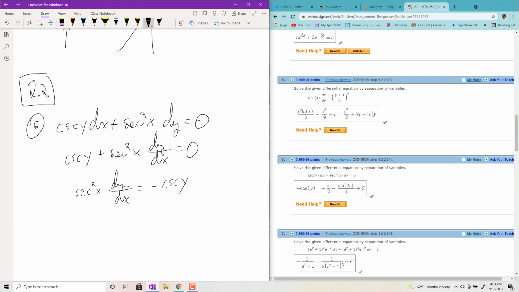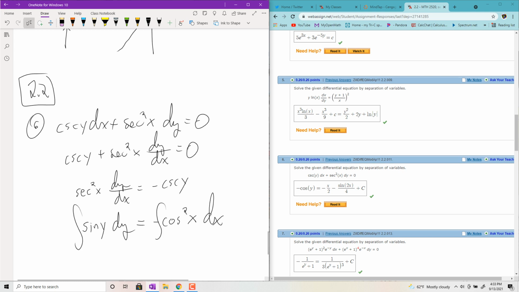And then move the dx over as well. I guess I could have just kept the dx there. Oh well. Dividing both sides by cosecant, 1 over cosecant is the same as sine, so I'm going to have sine y dy eventually. On the other side, negative 1 over secant squared is negative cosine squared, so negative cosine squared x dx.